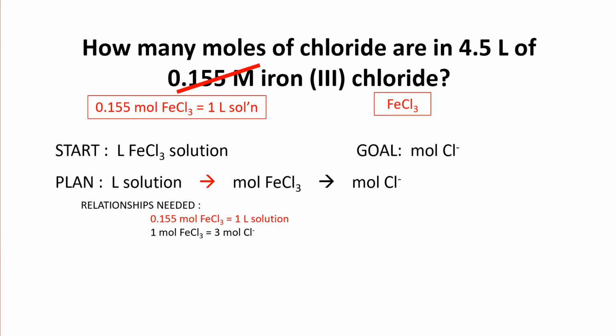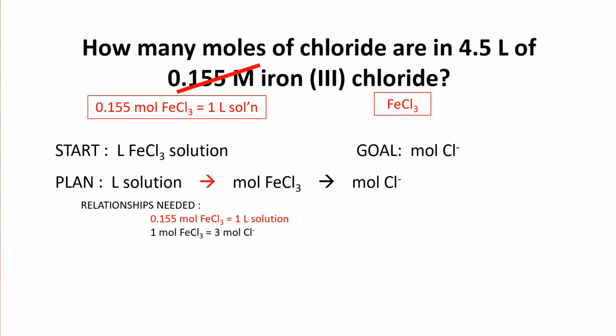All right, so here are the conversions. We'll use the molarity as a conversion, as we've mentioned, for that first red arrow. And then the second conversion is a mole ratio. Did you remember how to find mole ratios from chemical formulas? Those subscripts tell us the number of moles of individual, in this case, ions, relative to 1 mole of the whole compound.